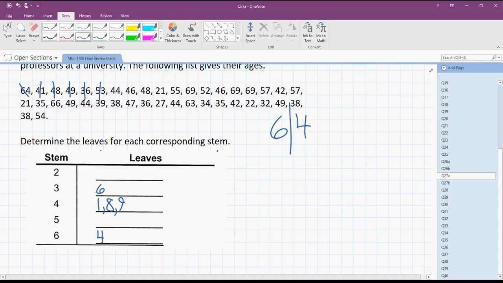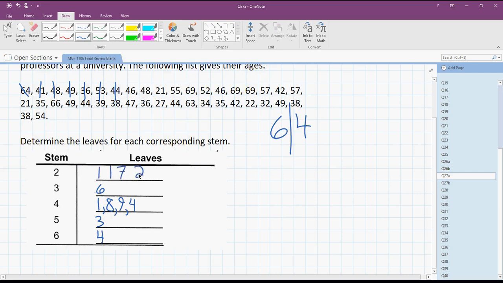Just 1 second. At 5, we'll have a 3. Now look right here. At 4, we're going to put a 4, right? I'm going to put that right after the 9. Obviously, my numbers on the 4 are not in order. 1, 8, 9, 4. I don't count like that. So you keep going in that fashion. And then your leaves will look like this.